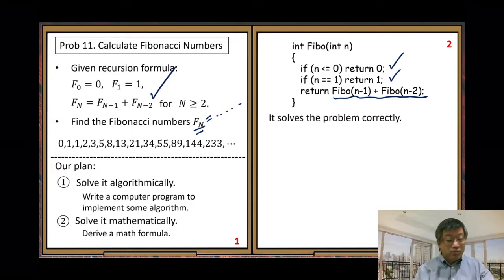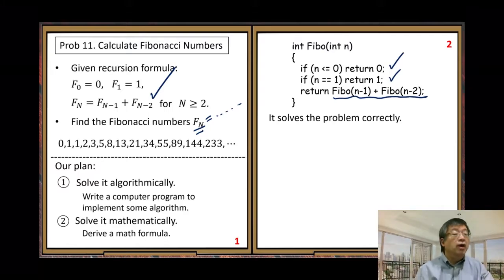Then this problem can be solved in this way correctly, based on the definition. How can you say it is incorrect? Nobody can say it is incorrect, right? Here, correct means the answer produced by this function is correct. Okay? Nothing to do with the efficiency. How fast this function can produce the correct answer, we don't know.